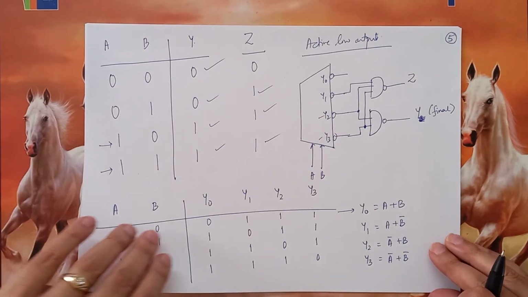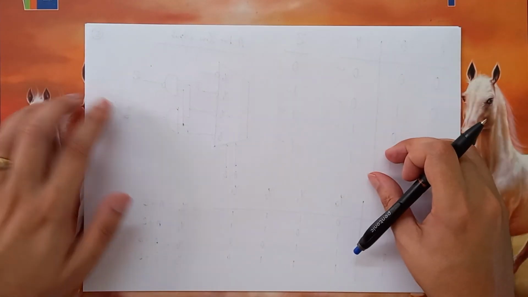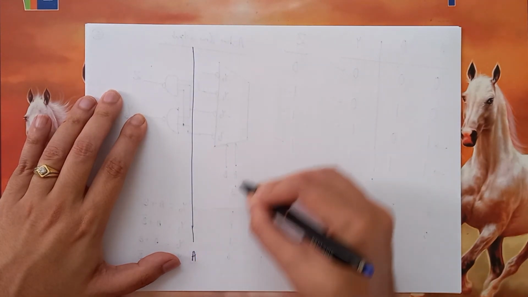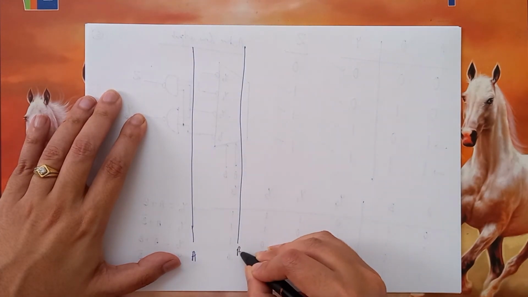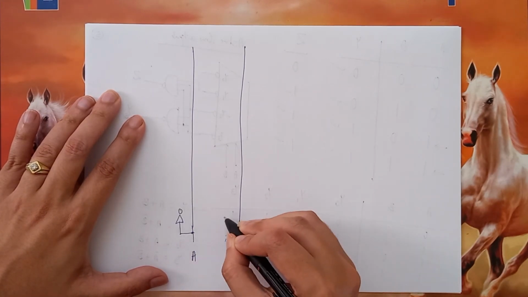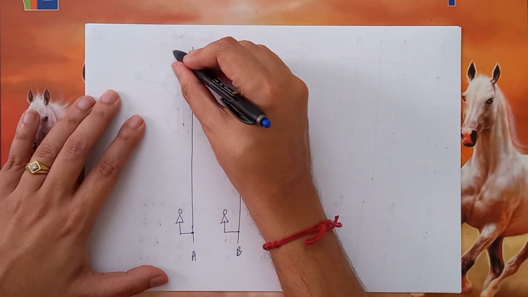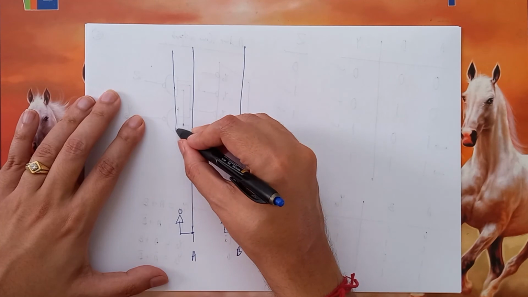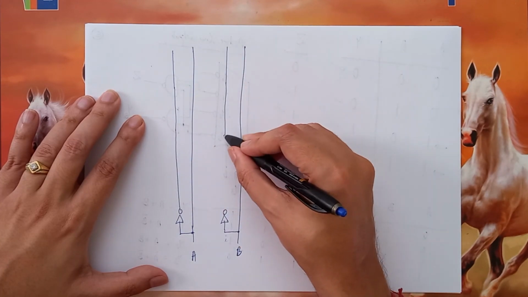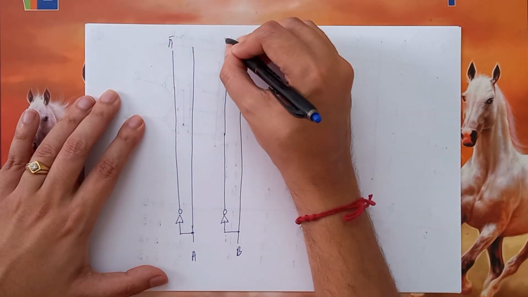Now suppose we have the inputs A and B, and we can generate their complements using NOT gates. This is A bar and this is B bar.